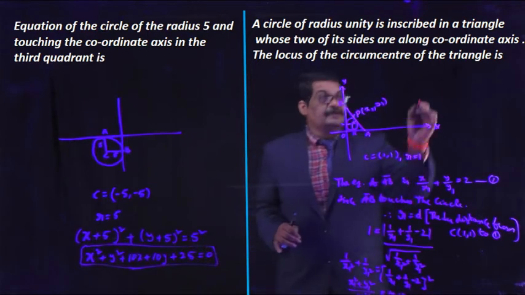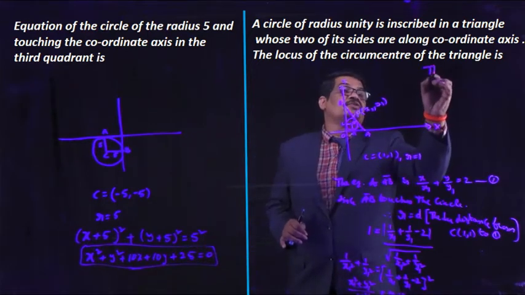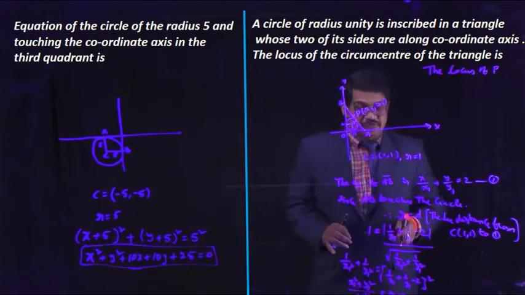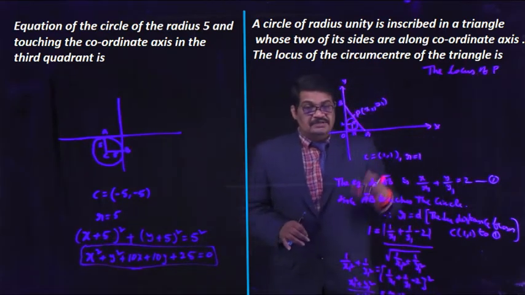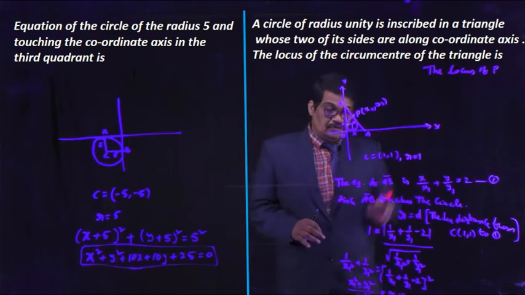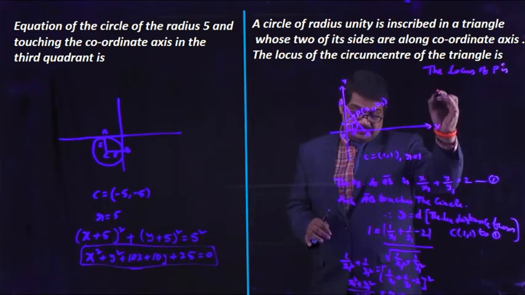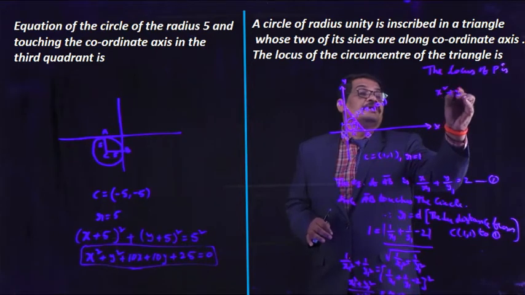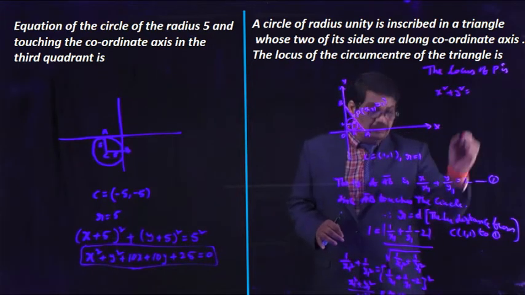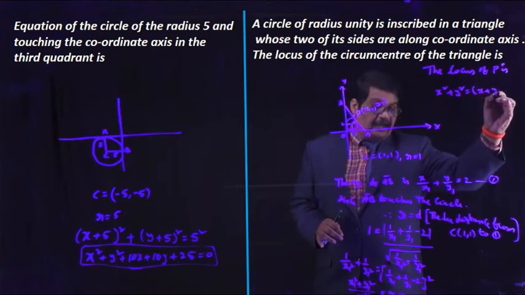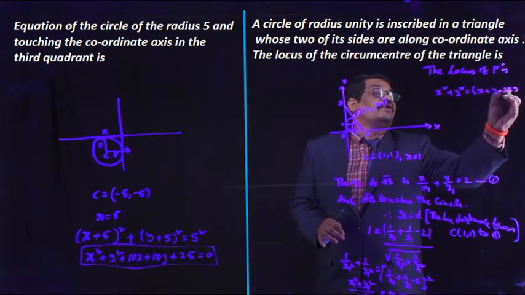Then we are getting the locus. Therefore, the locus of P, where P is the point (x1, y1). Replacing x1 by x and y1 by y, we are getting the locus of P: x² + y² = (x + y − 2xy)².